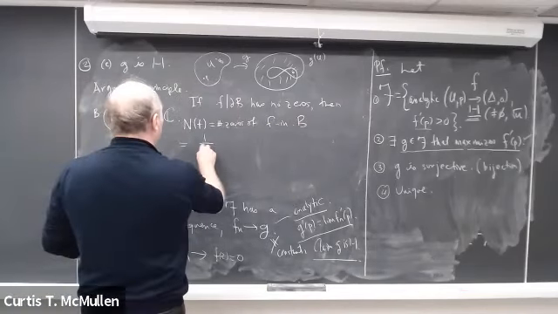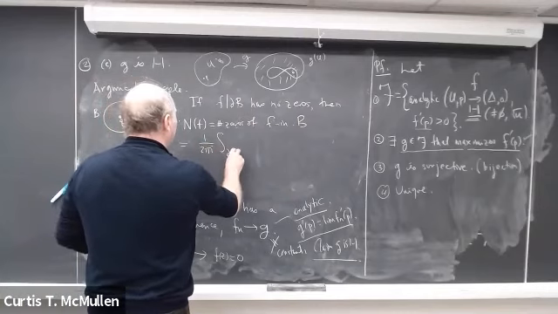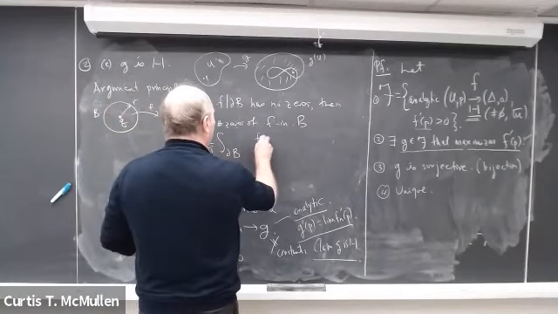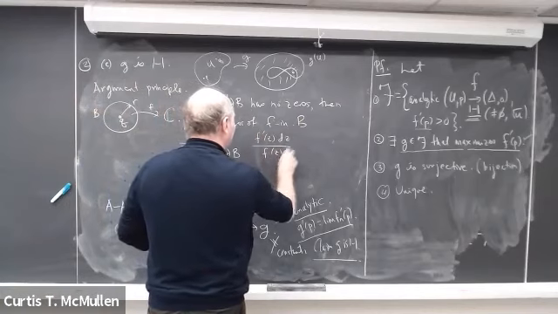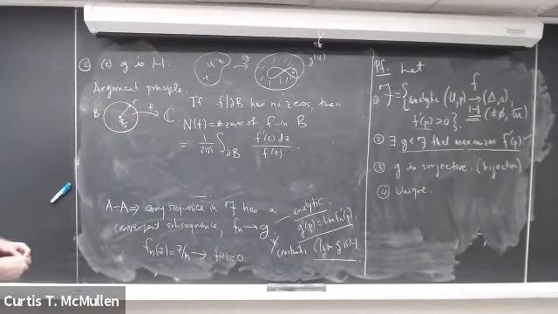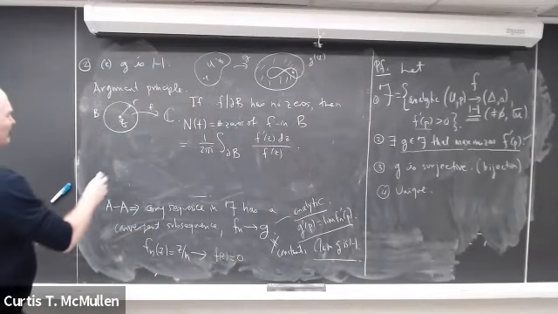It's given by 1 over 2 pi i, the integral over the boundary of B, of f prime of z dz over f of z.